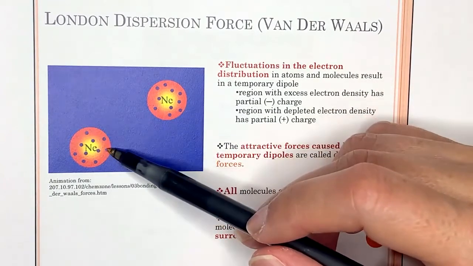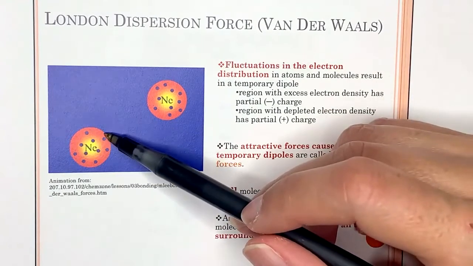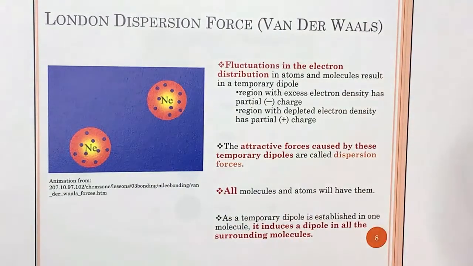Then this side is the negative side of the atom and that side is the positive, and the negative is attracted to the positive. So they have an attraction, but it's temporary. It's not permanent, because after the electrons move around, it disappears. So it's very random.